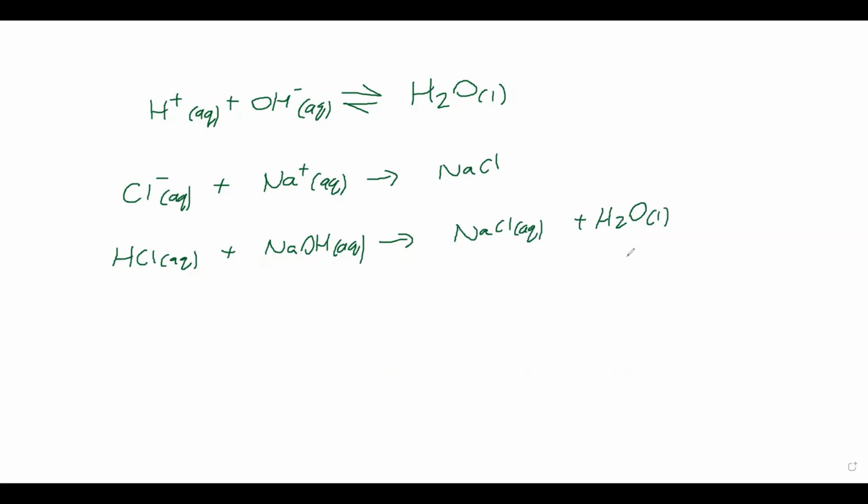And I'm writing water as a liquid because that is the media that we've dissolved in. That is the solvent. So it's easy to form these full reaction schemes from the ionic equations because you just combine what's on the left-hand side and combine what's on the right-hand side to make the full equation.